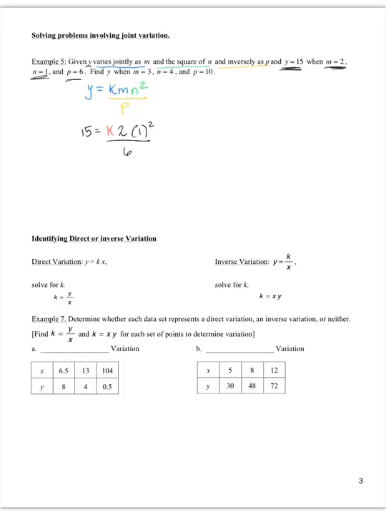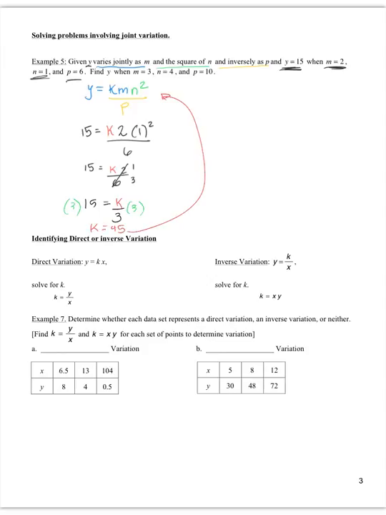So if I substitute in all the information given, I can solve for my constant of variation. 2 times 1 is 2 over 6. I can simplify that as 1 over 3, giving me 15 equals k over 3. Then I'm going to multiply both sides by 3, and I get my constant of variation, k equals 45.